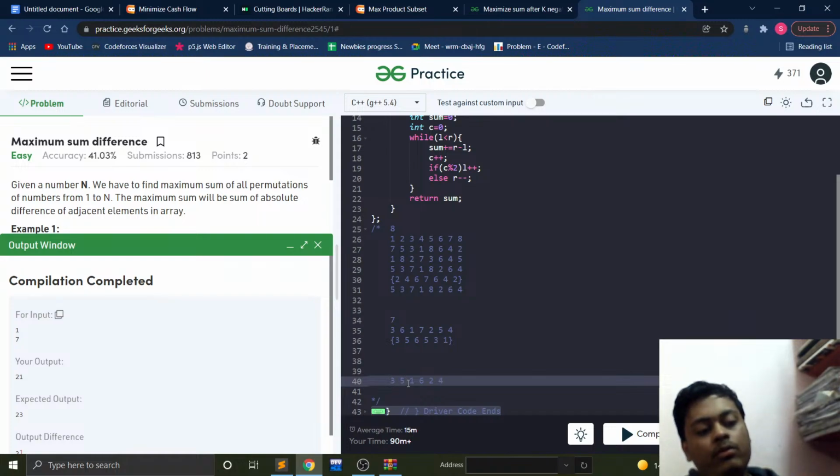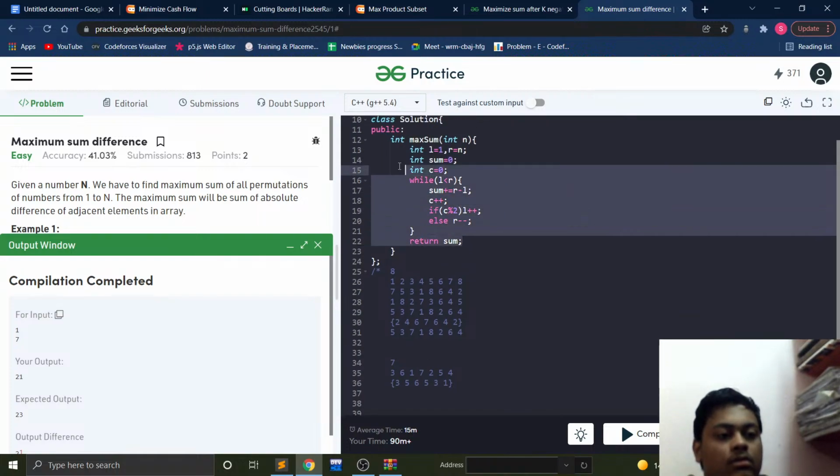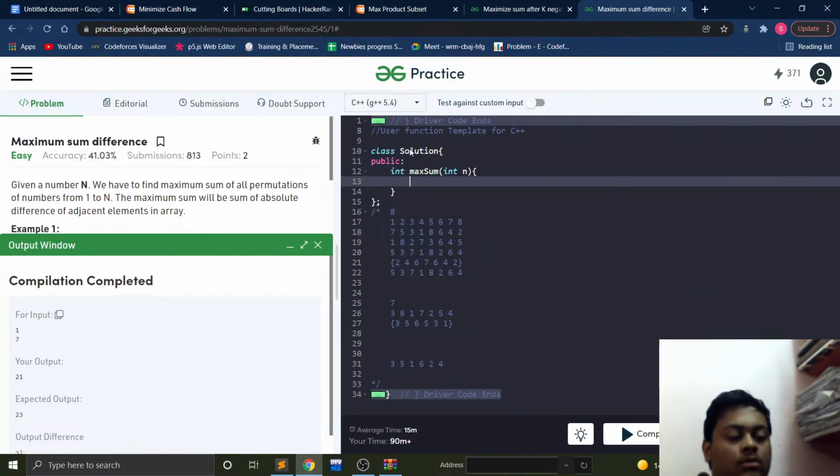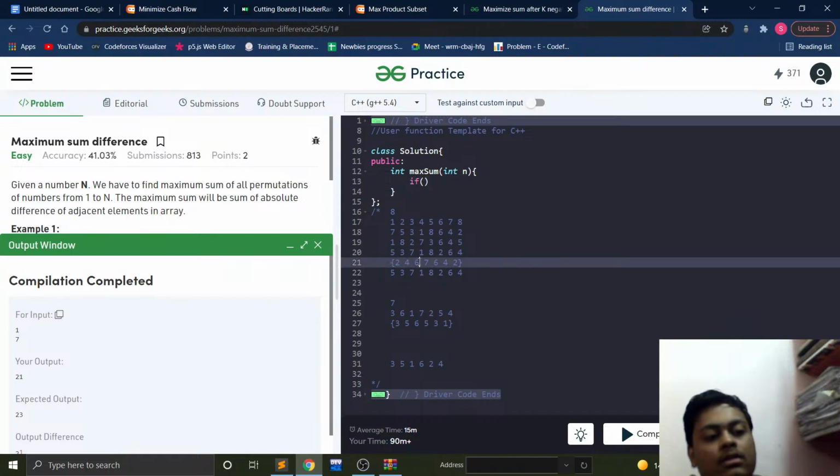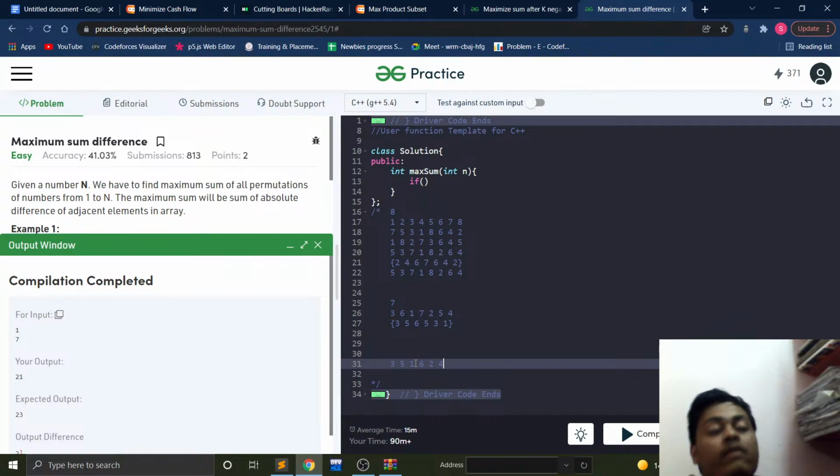So this is 2 4 5 4 2, 2 4 5 4 2, 2 4. For even it is sorted. It went till 2 4. Here it went till 6. There it will go till n minus 2.